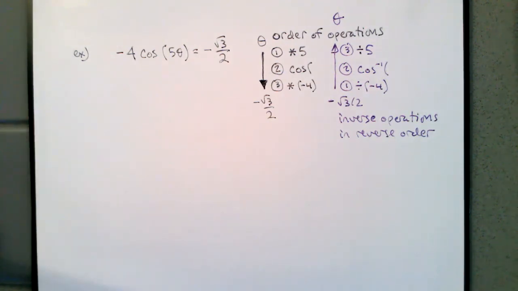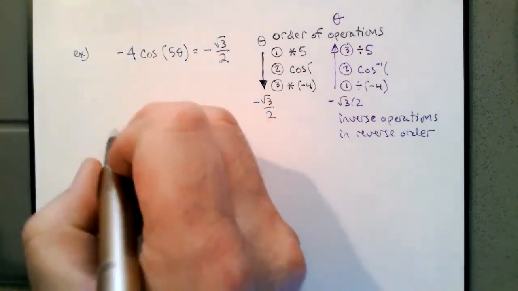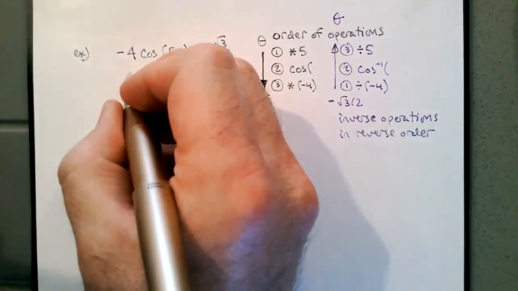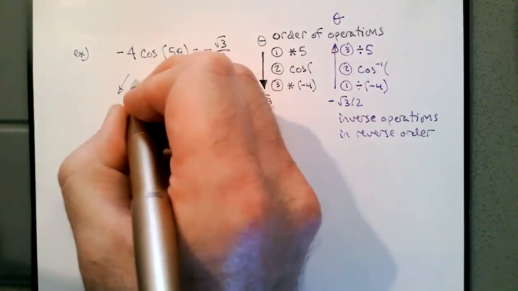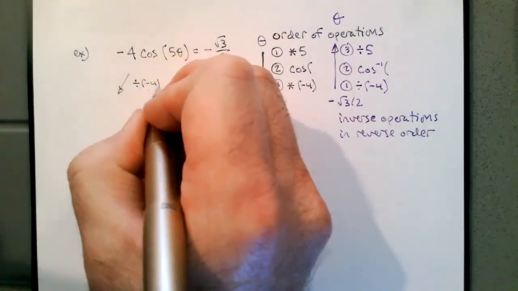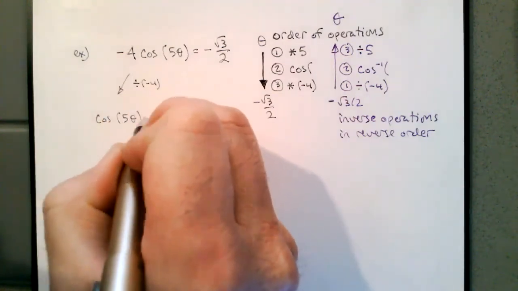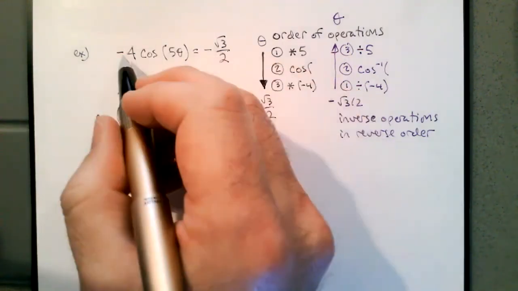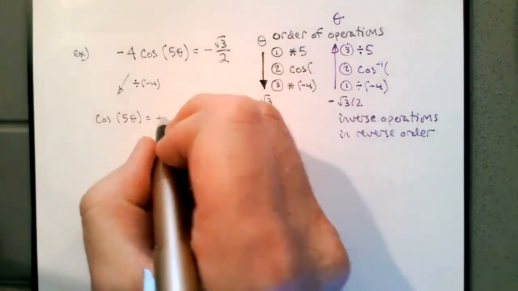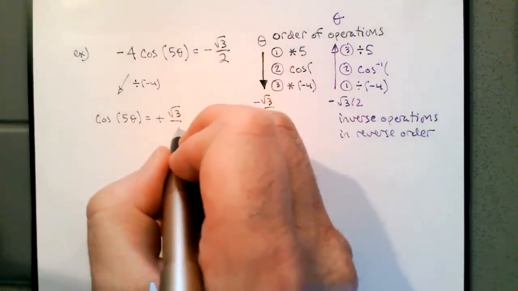So first, we'll divide by the negative 4. So that'll give me cosine of 5 theta is negative root 3 over 2 divided by a negative 4. That makes it a positive root 3 over 8.